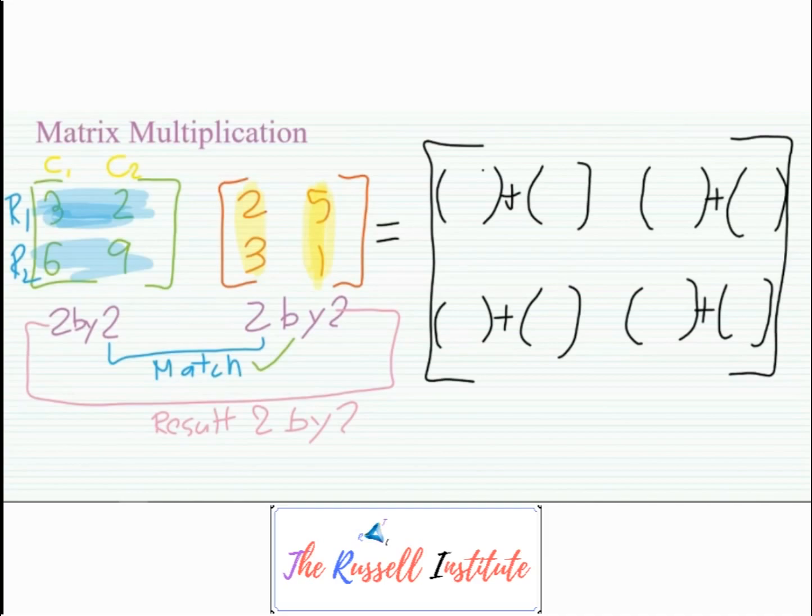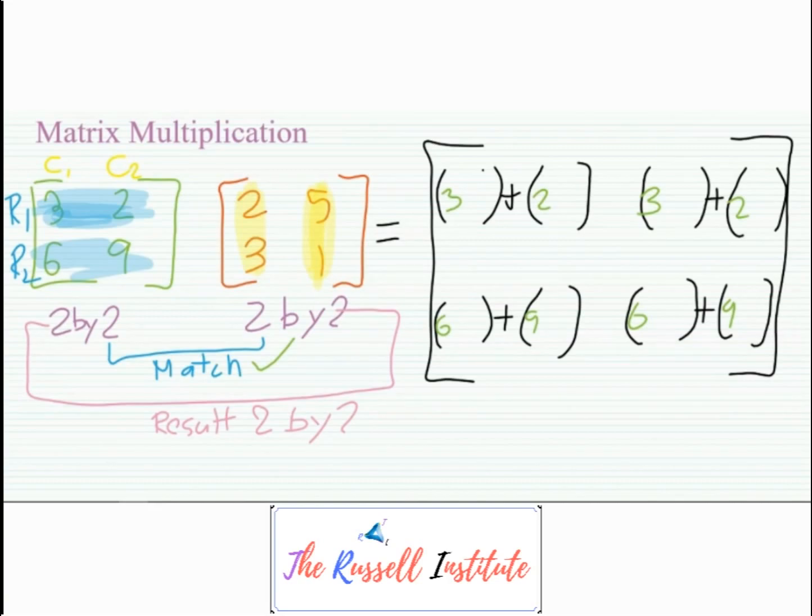So the first matrix is 3, 2, 6, 9. So I'm going to put 3, then 2, then 6, then 9. And I'm going to repeat: 3, then 2, then 6, then 9. Simple.